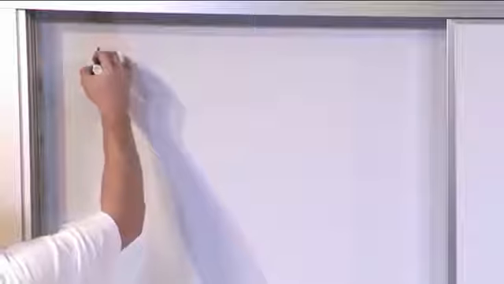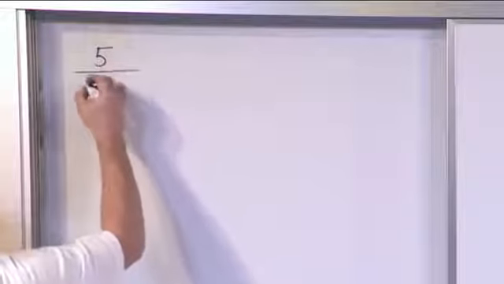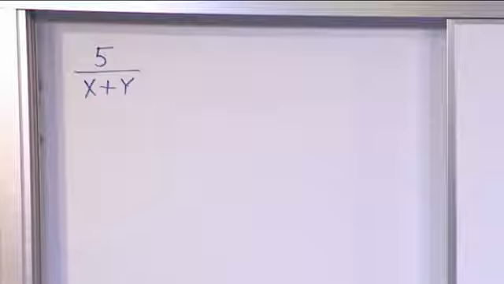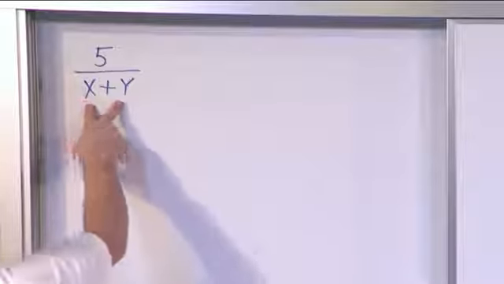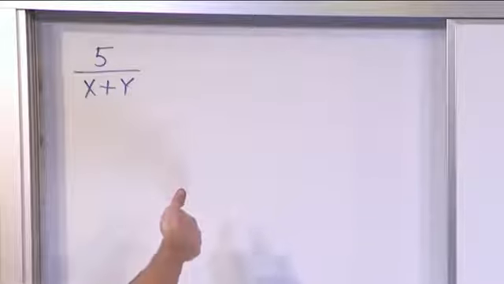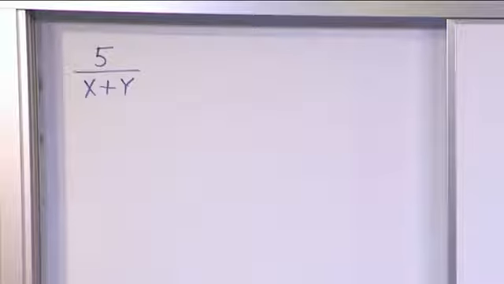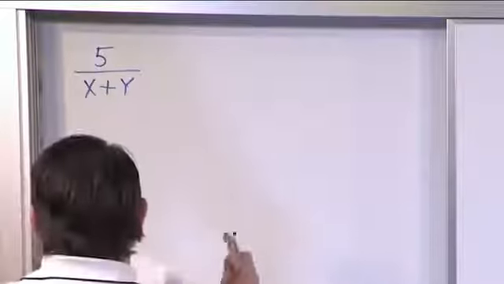All right, so let's continue down the road here. Let's say we have something like 5 divided by x plus y. And I ask you, translate that to a sentence. Well, here's the deal. You know you have addition going on, so you know you're going to have the sum. And you know you have division going on, so you know you're going to have the quotient. So the best way to write this would be something like the following.